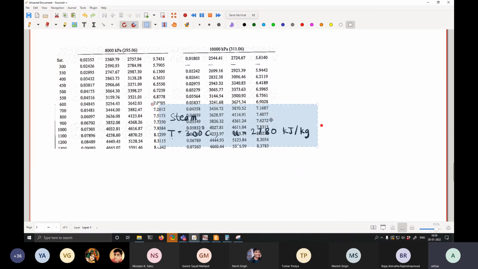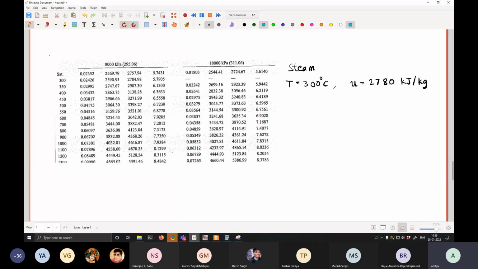So this is what we desire: 300 degrees Celsius, 2780.